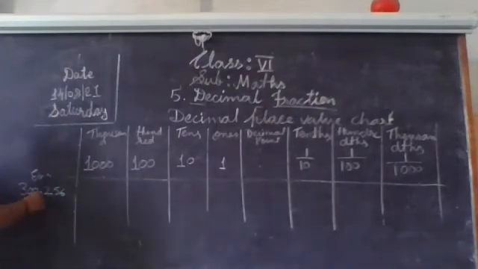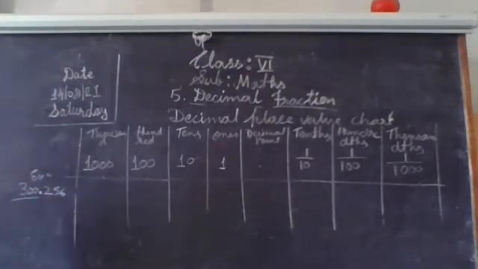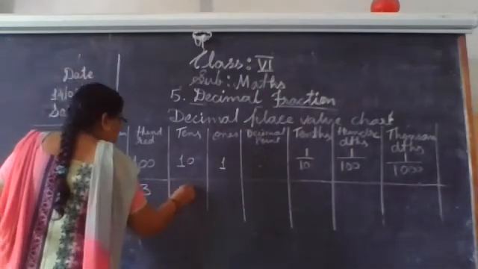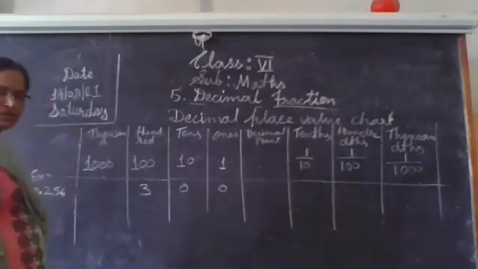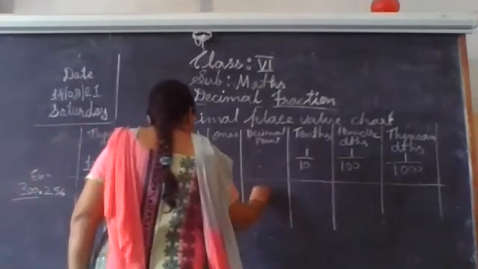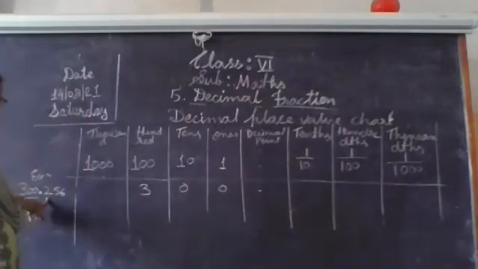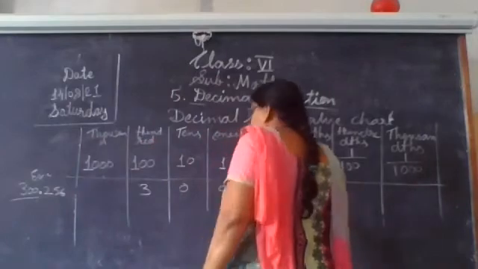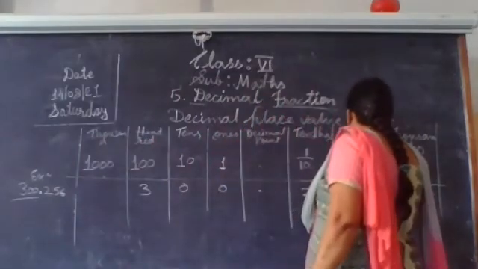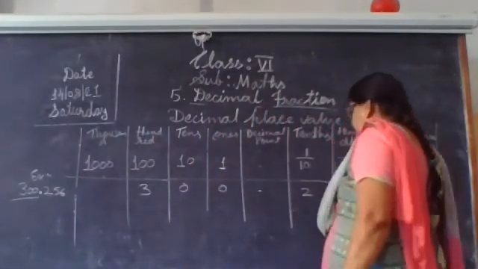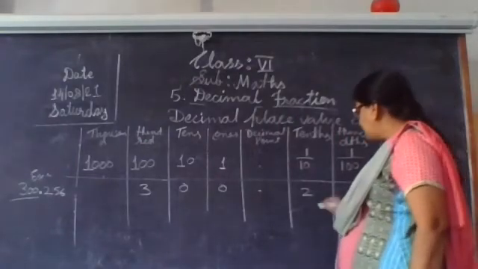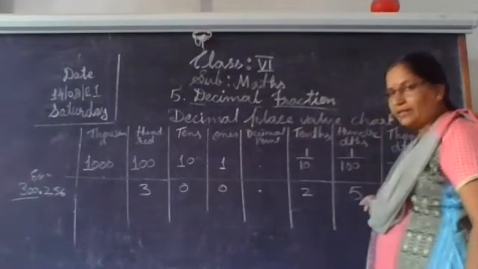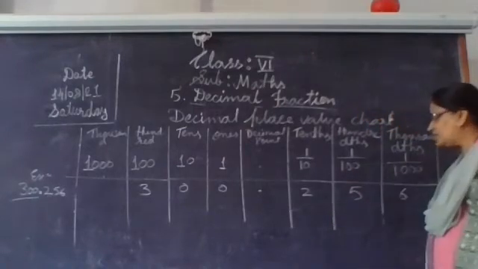See better, 300 is the whole number. So how will you place 300 here? 300. Then 2, so it would be in the tenths place, 5, 6. So what is the value of each? 2 means 2 upon 10, 5 upon 100 and 6 upon 1000.